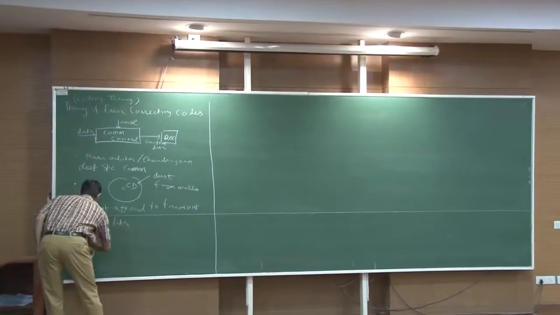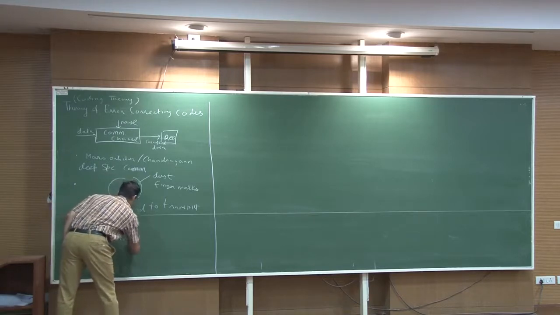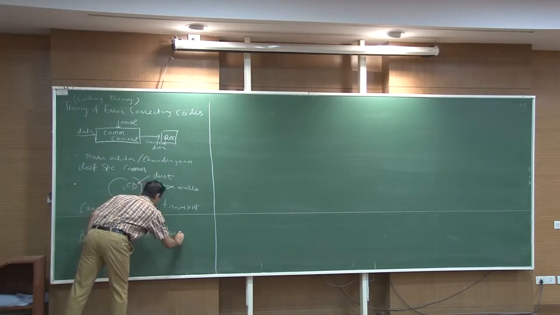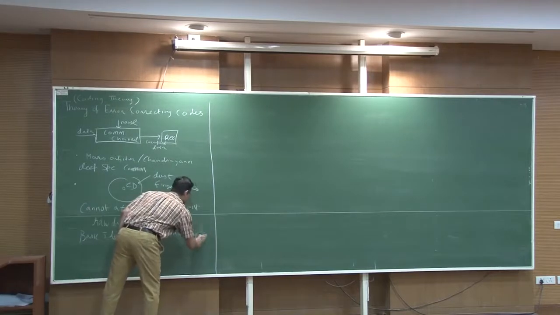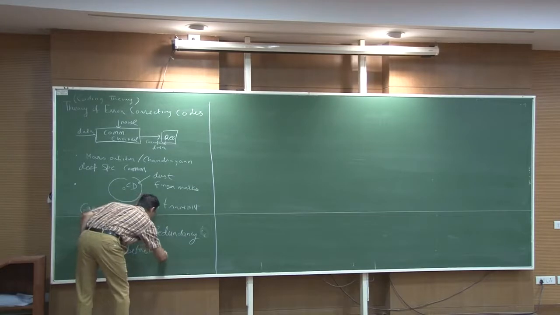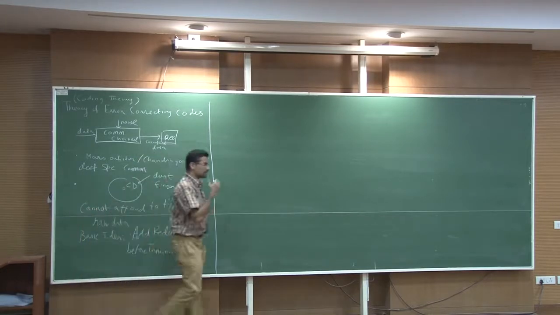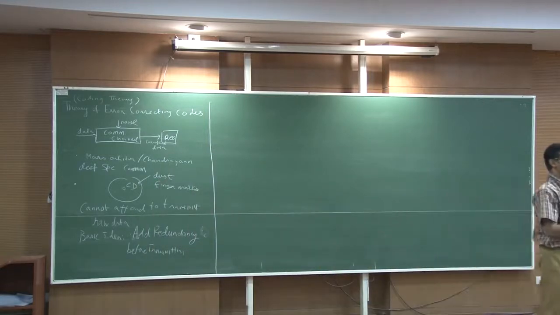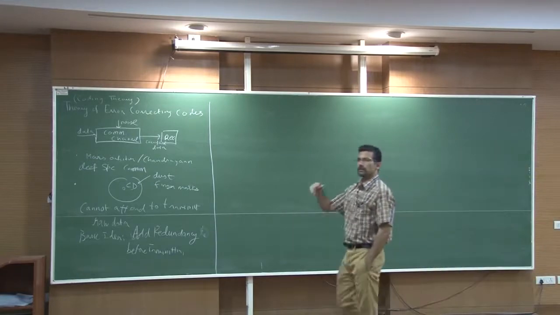Basic idea: add redundancy before transmitting. The most naive example of adding redundancy is repeating yourself 3 times, 4 times, so the message gets across even in the presence of noise.